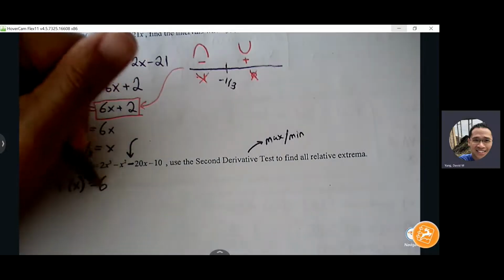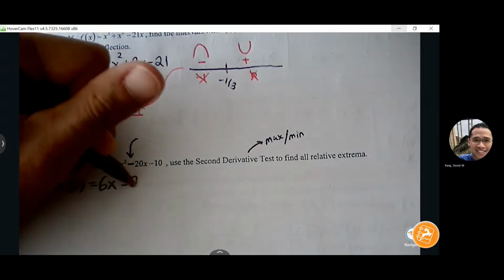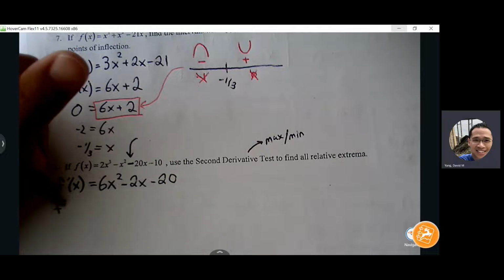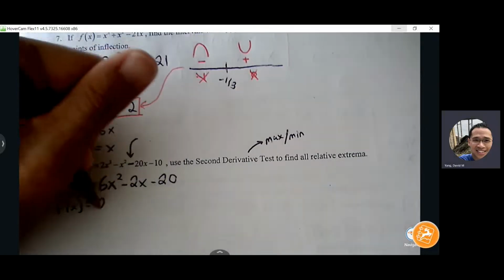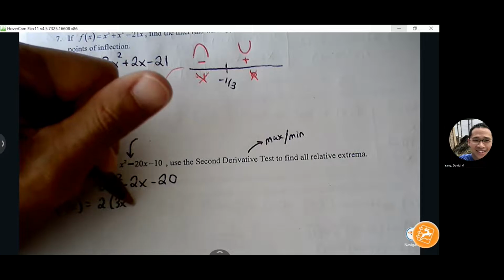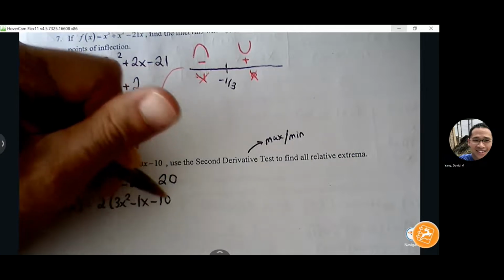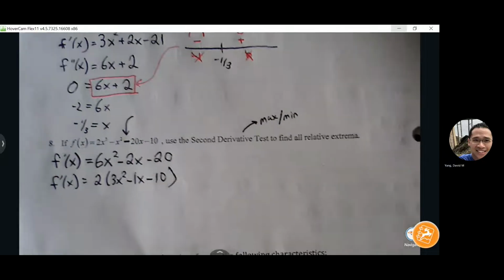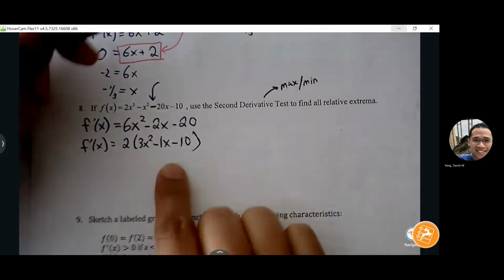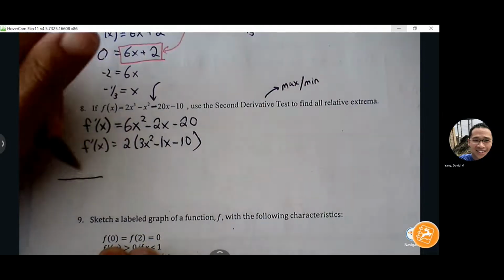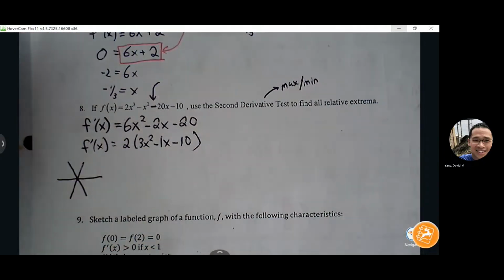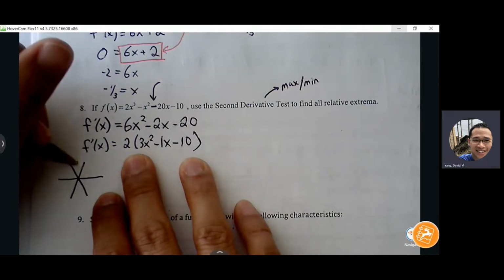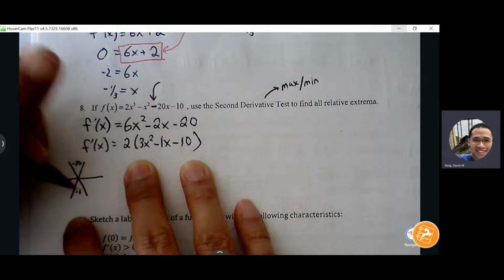Okay, go through power rule. Okay, factor. Take out a 2. Go through the star method here. Multiplies to be 8 times c, that's -30. Adds up to be -1.